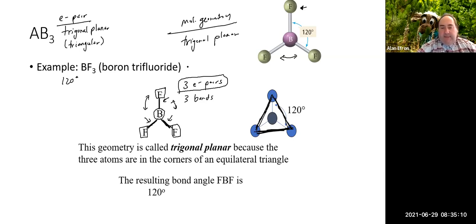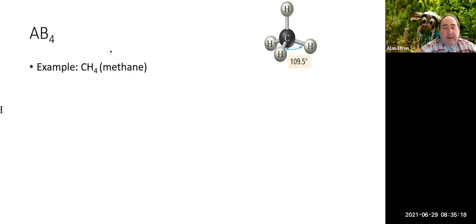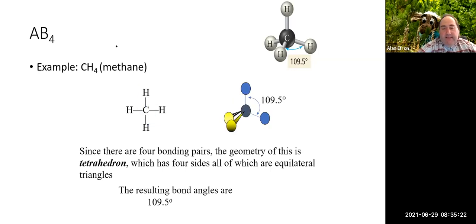Okay, so then let us take a look at the next example. Next example that we have is a central atom where we have basically 4 other atoms attached. And in this situation, it does create some different geometries that we look at.